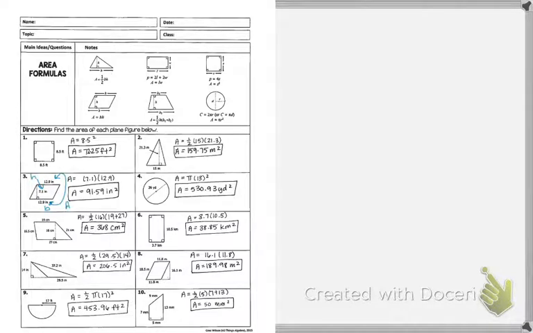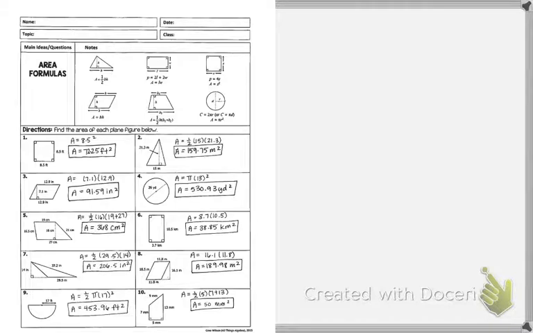Area is base times height. Base, height. Scoot over to number 4.